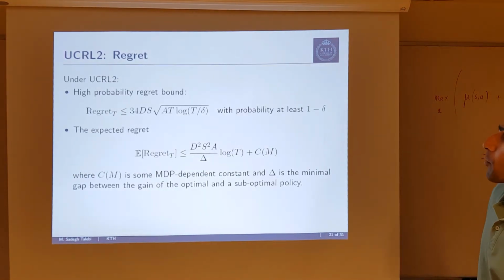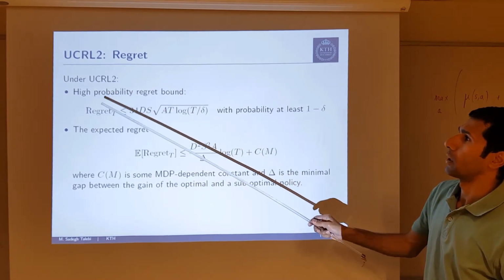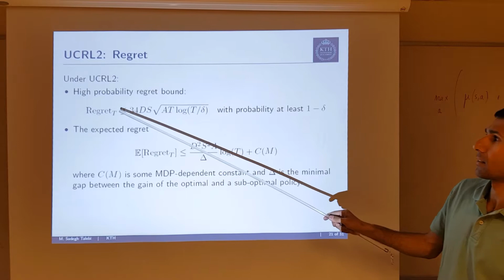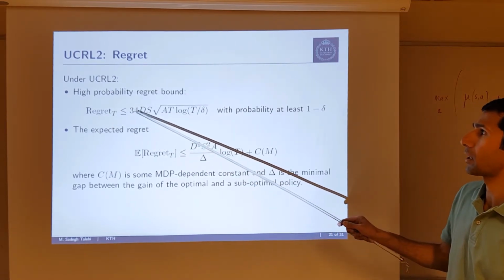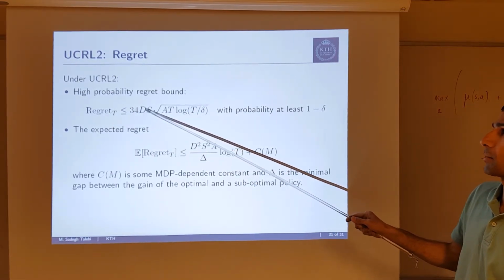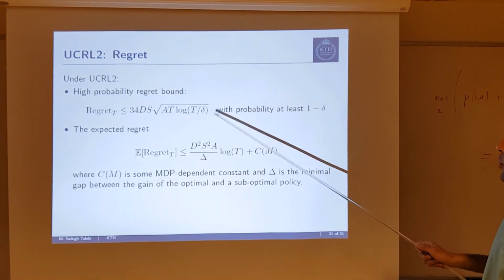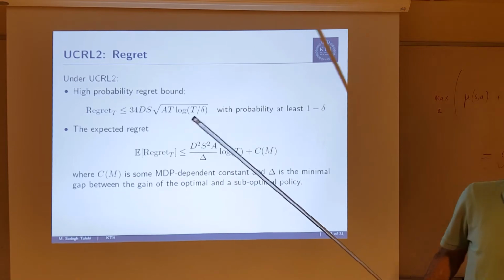So this is the performance guarantee of UCRL2. The first one is a high probability regret bound. It says that the regret is bounded by 34 times the diameter times the number of states times the square root of A T log of T over delta, with probability at least 1 minus delta.